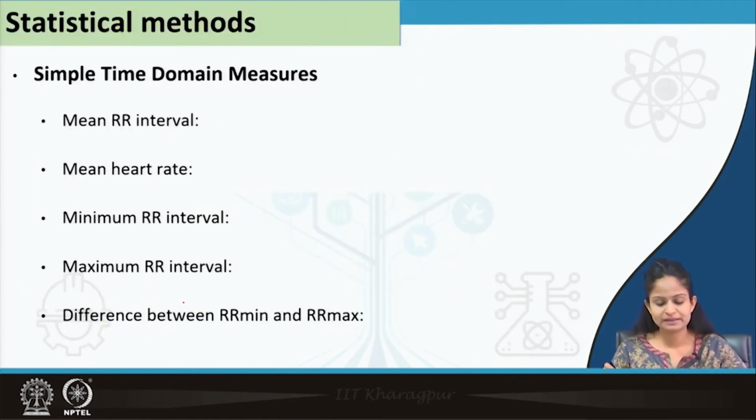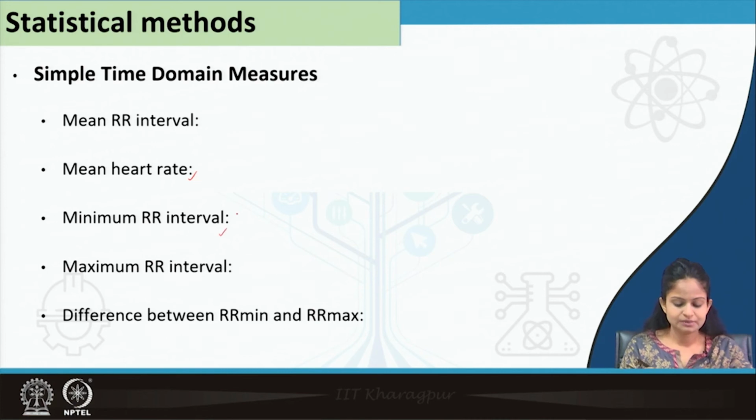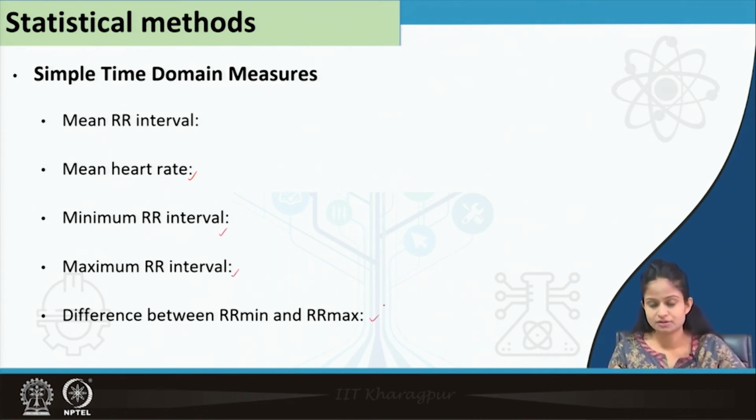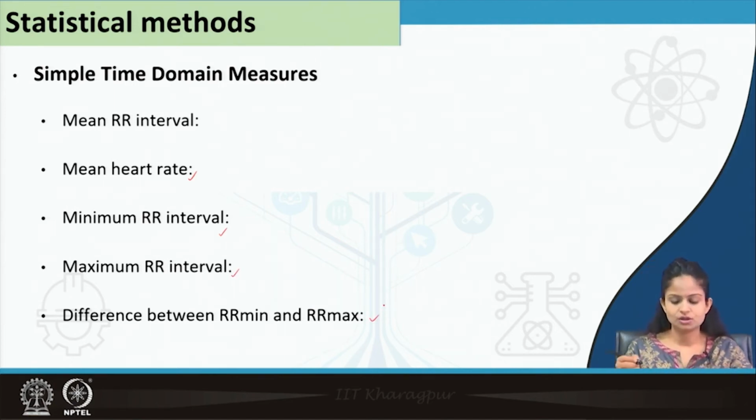The simple time domain measures are the mean RR interval, mean heart rate, minimum RR interval, maximum RR interval, and the difference between the minimum and maximum RR interval. These are usually measured in milliseconds. Suppose the mean RR interval is 1000 milliseconds.